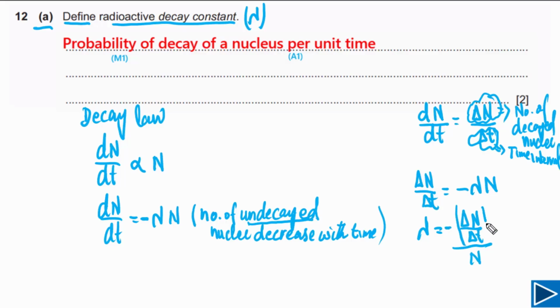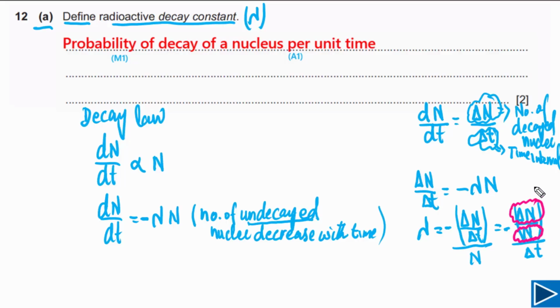So this is delta N by delta t. Now we can also rearrange this in a slightly different form. This N we can bring here. So this is delta N by N, divided by delta t, with the negative sign here. Now you need to understand what delta N by N is. Delta N is the number of nuclei decayed, and N is the total number of nuclei in the sample.